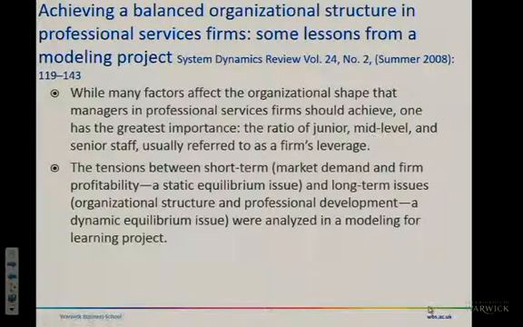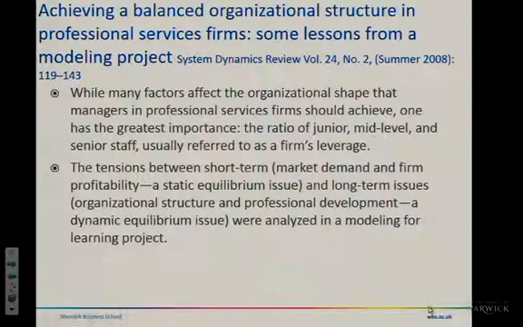I can allocate it in this way, and that will be my profits. It's about achieving a balance between the demand from the markets, from the projects, and what you have in terms of supply of skills and capacity.